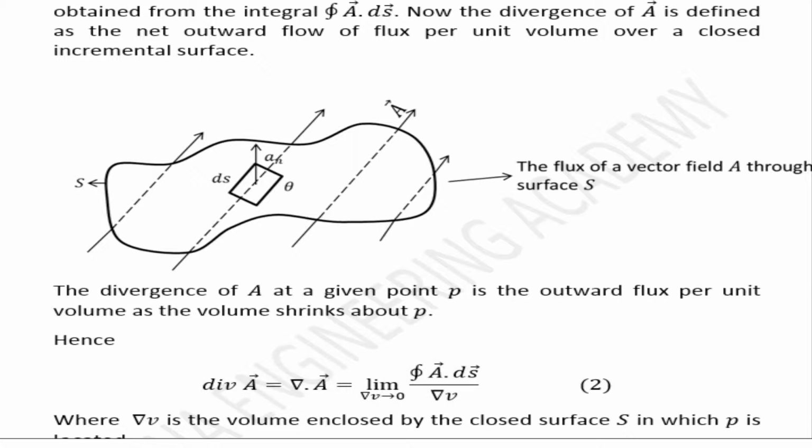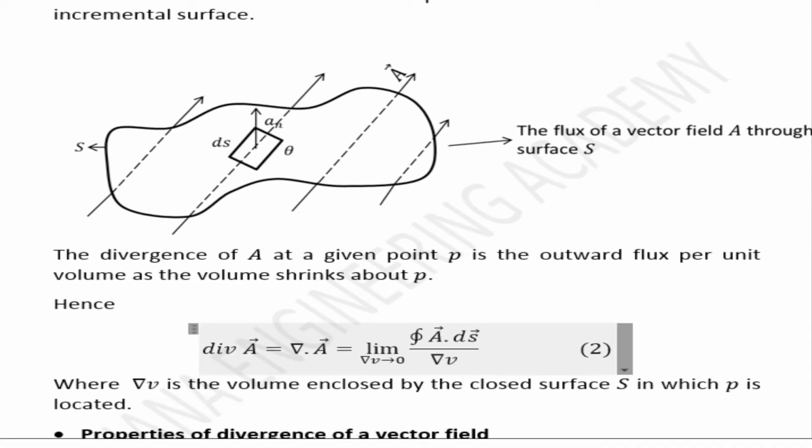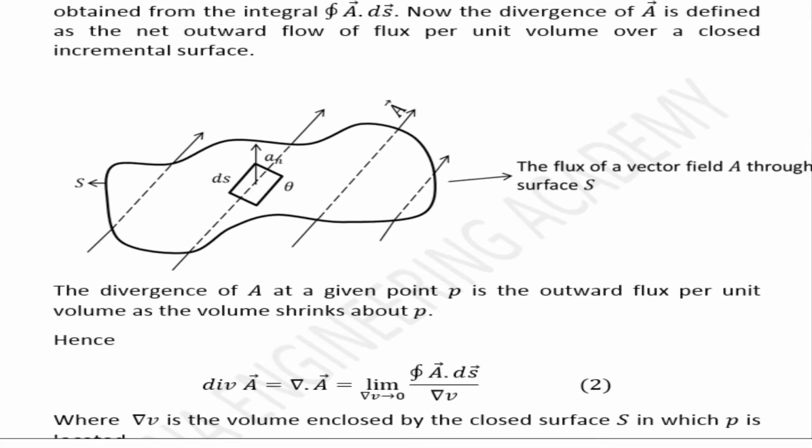Here delta v is the volume enclosed by the closed surface S, where that particular point is located. So that is the physical significance of the divergence, or the physical interpretation of the divergence.